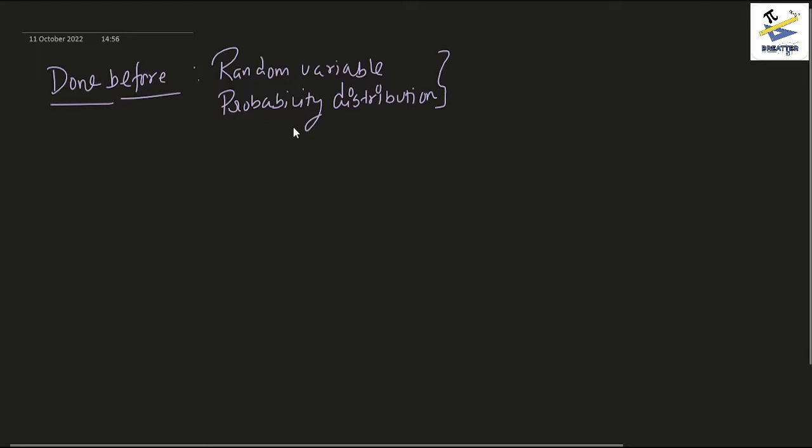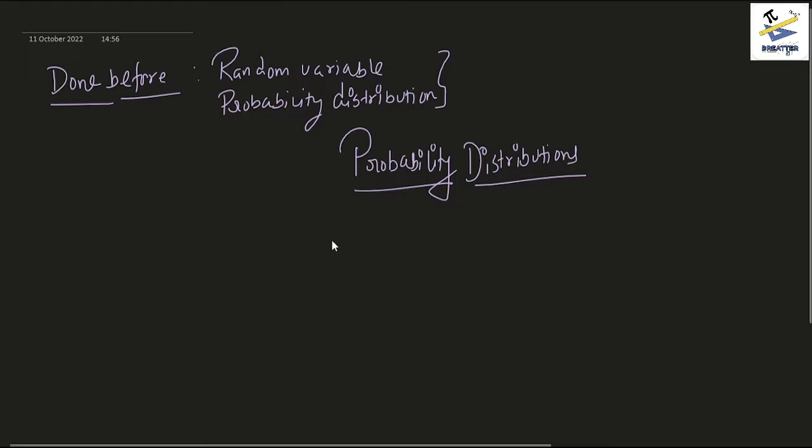So, I'll give the heading here: probability distributions. And we are going to start off with the one I have been talking about, binomial distribution.